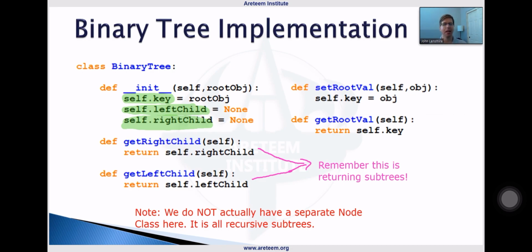And then, like I mentioned, everything is done according to the root. So if you want to set the root value, notice we are allowing this value to be changed. So you can change the value stored by the root, and you can get the value that's currently being stored as the root as well.